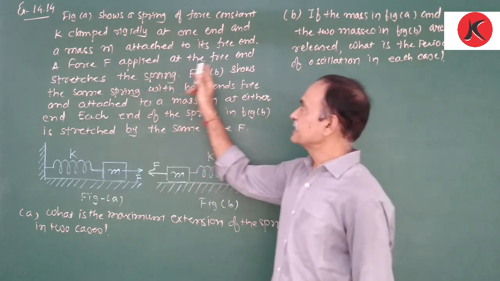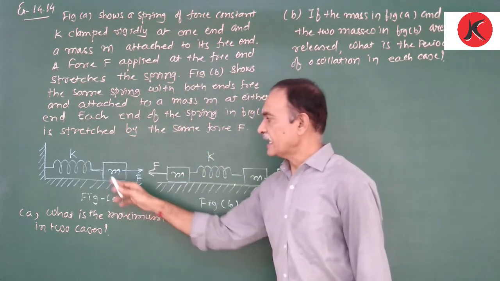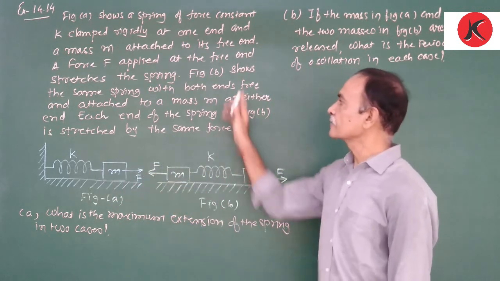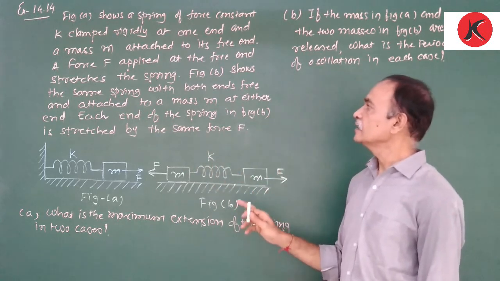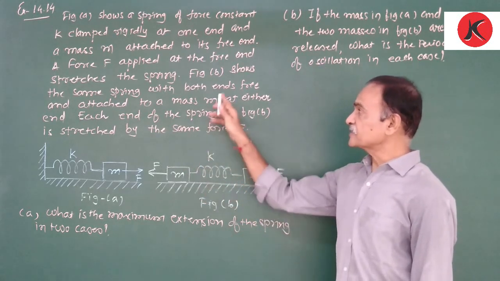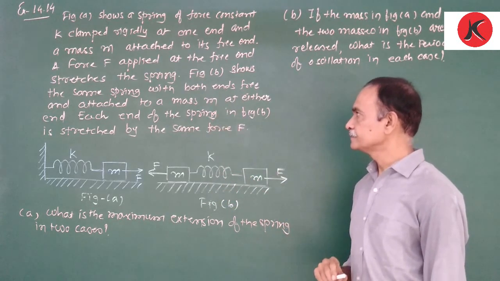A force F is applied at the free end and stretches the spring. While figure B shows the same spring with both ends free and attached to a body of mass M.